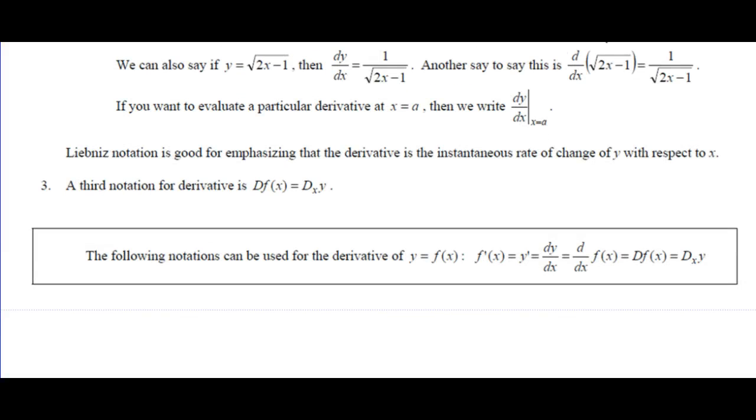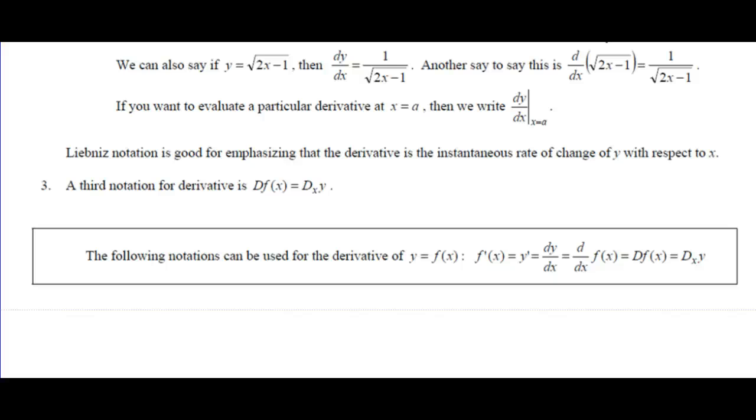A third notation for derivative, you're not going to see this that much, but it's d sub x of f of x is equal to d sub x y. Following notations can be used for derivatives. So y equals f of x, f prime of x, you're going to see that a lot. Y prime, you're going to see that a lot. dy by dx, you're going to see that a lot. d by dx of f of x, you're going to see that a lot.